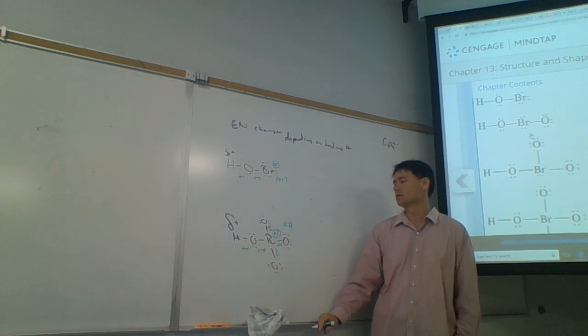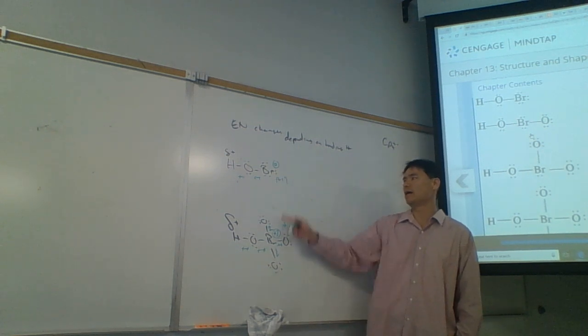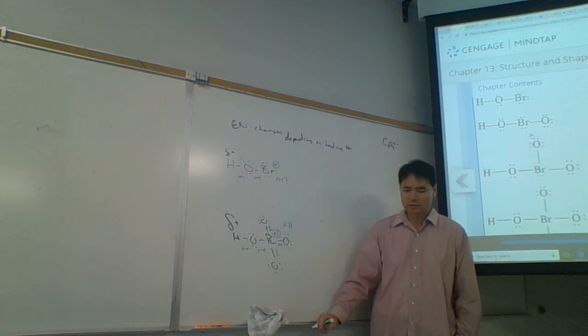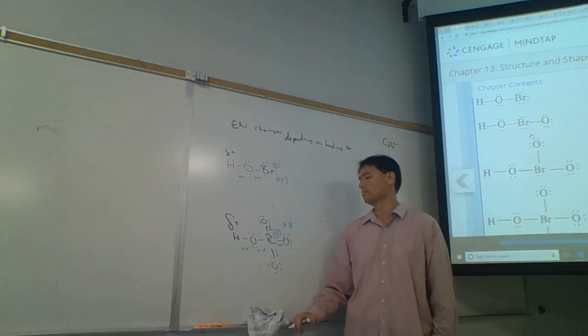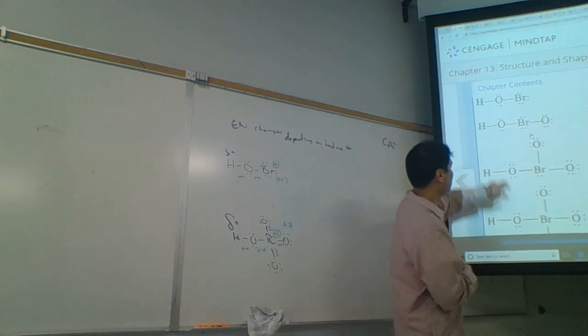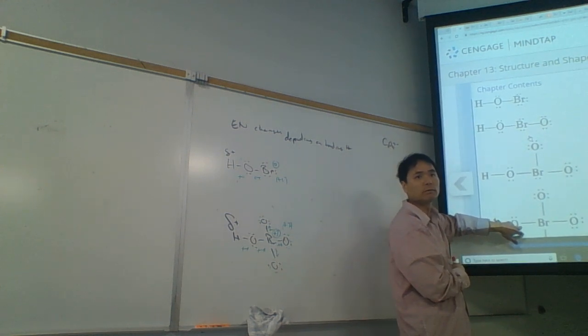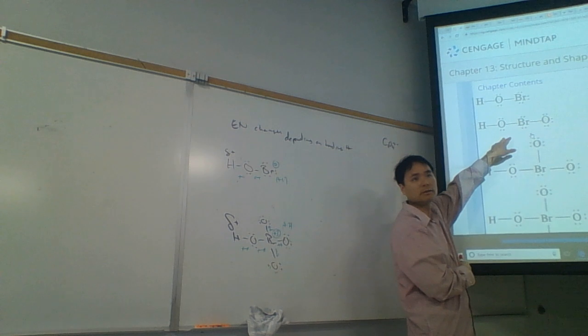In other words, bromine's behavior changes the thirstier it gets for electron cloud density. And so this is the ranking. The strongest of these acids will be this one, HBrO4, followed by these.